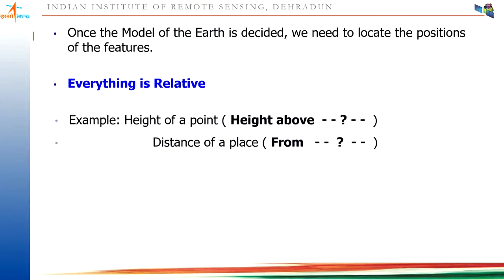Once the model of the Earth is decided, we need to locate the position of the features. When we define our Earth model, we will then define the positions of features: one tree is there, or I am sitting here, then what is my elevation? But my elevation is from where? It may be from the mean sea level, the geoid, or the ellipsoid.